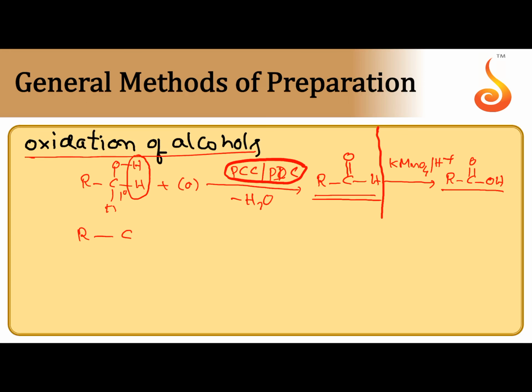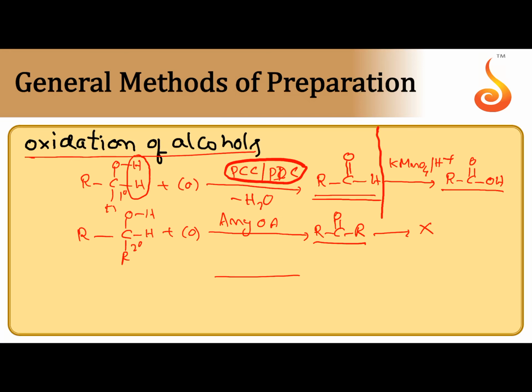If it is a 2-degree alcohol, during the oxidation any oxidizing agent we can use, even strong ones also. We can get RCOR, a ketone. The ketone is further not oxidized under normal conditions. So for the preparation of ketone, any oxidizing agent we can use. Tertiary alcohol won't undergo oxidation.